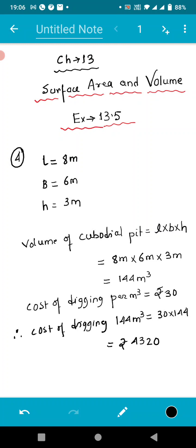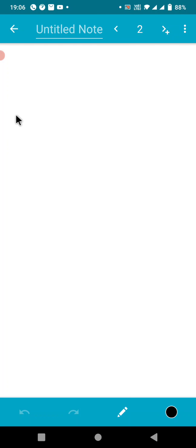Now let us move on to question number 5. Here is question number 5. Now in question number 5 the capacity of a cuboidal tank is given.